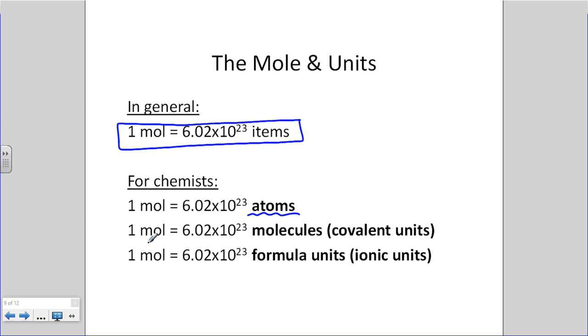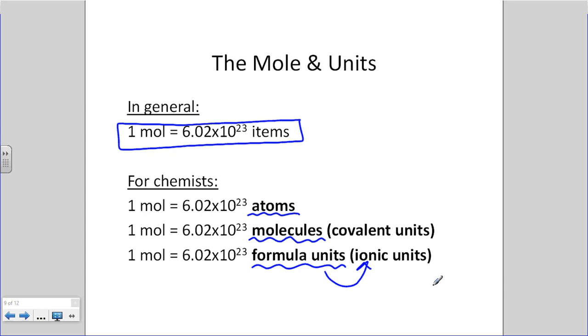You could also say 1 mole is equal to 6.02 times 10 to the 23 molecules. Molecules, remember, are used for covalent compounds. And then 1 mole could also be 6.02 times 10 to the 23 formula units. And those you might not have heard of up to this point, but that's a unit that's used for ionic compounds.